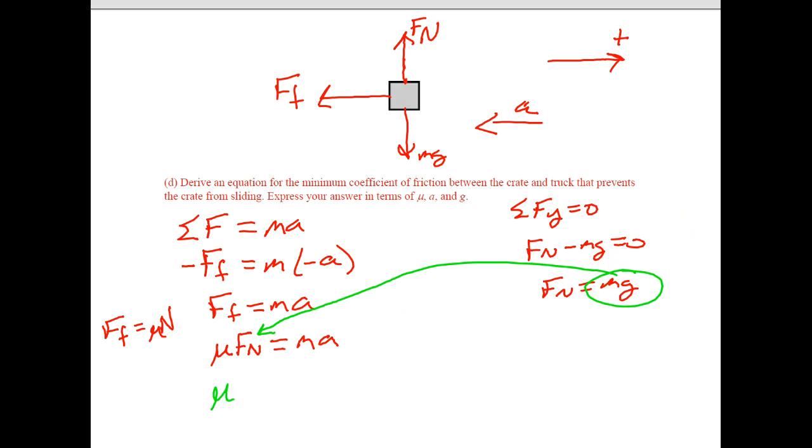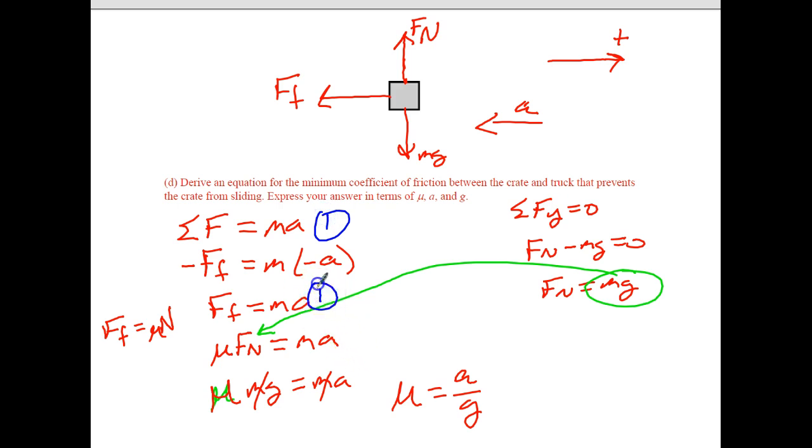So now we have mu times mg is equal to ma. The m's will cross off, and so our expression for mu is equal to a over g, and that would be our final answer.